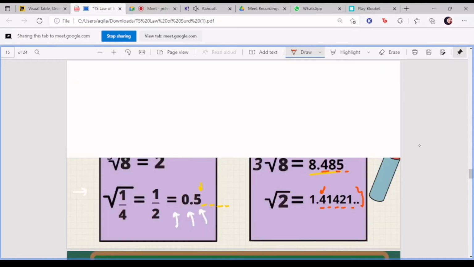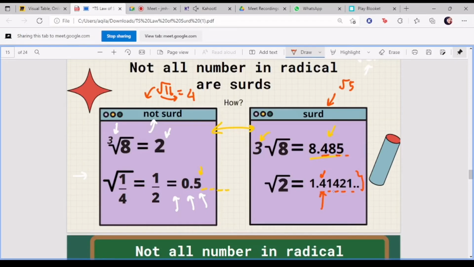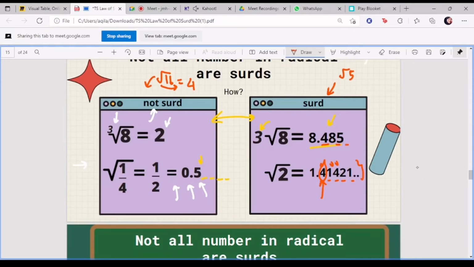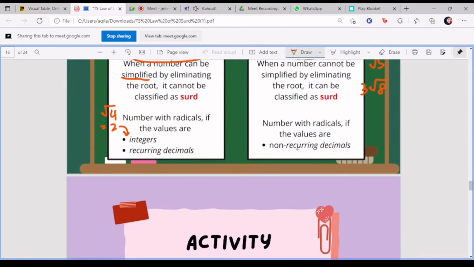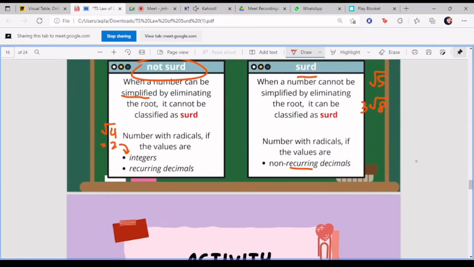You can see in this slide, is the number here the same as the number beside it? It is not the same, right? That is why we call it non-recurring, and it is not repeated.